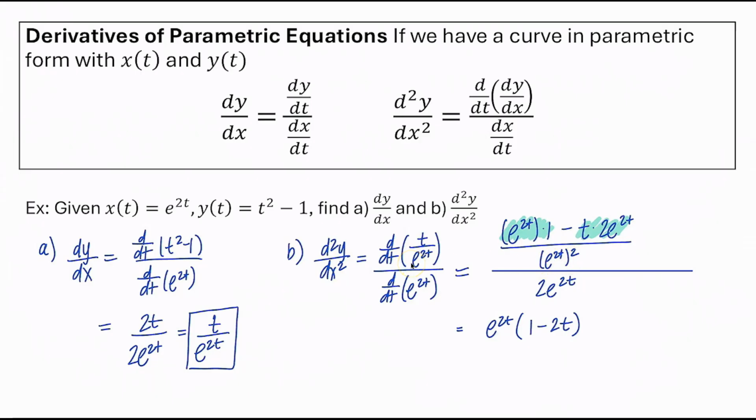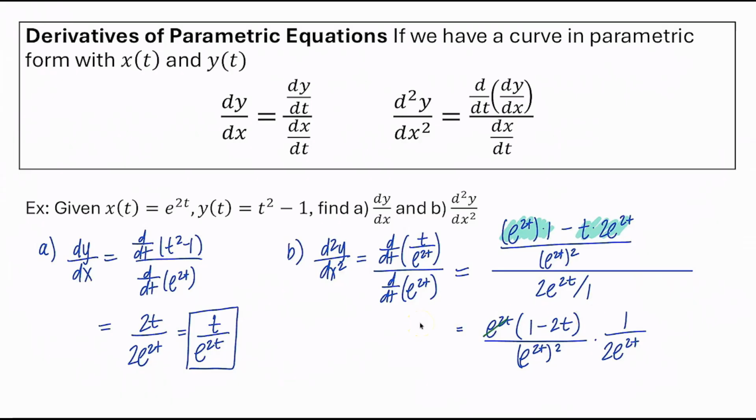And then we have over e to the 2t squared. And then over 2e to the 2t, but that is like over 1. So I could think about multiplying by the reciprocal, 1 over 2e to the 2t. So what we're looking at here, actually we can do a little bit of canceling now.